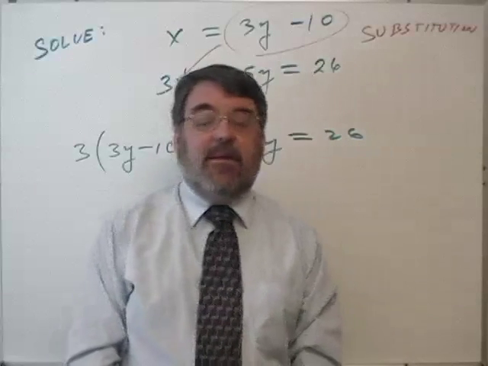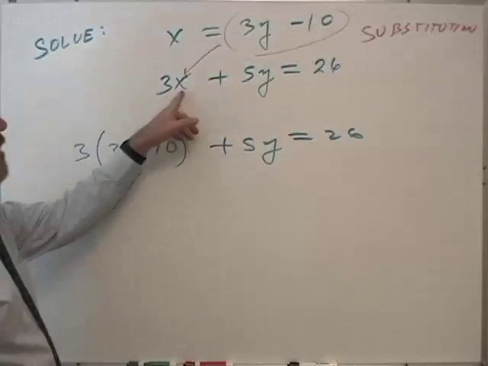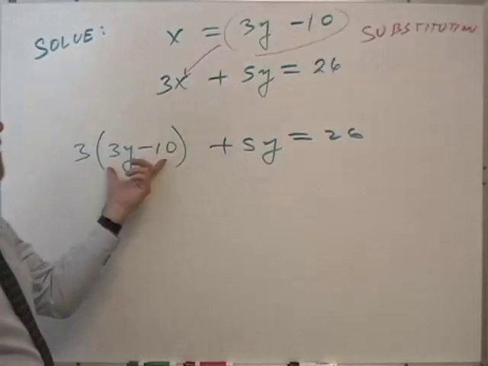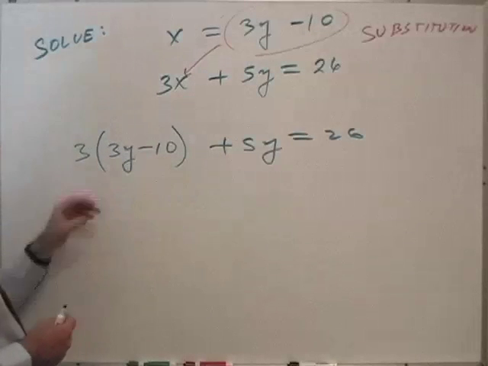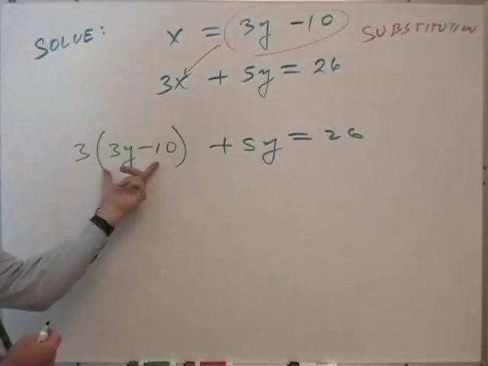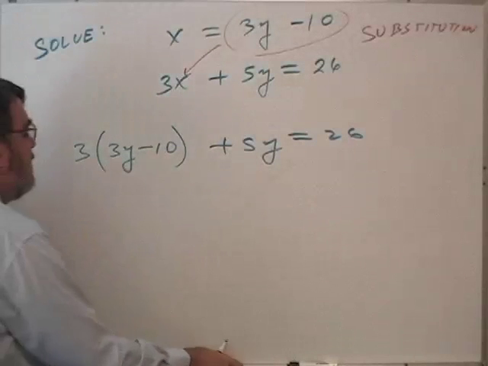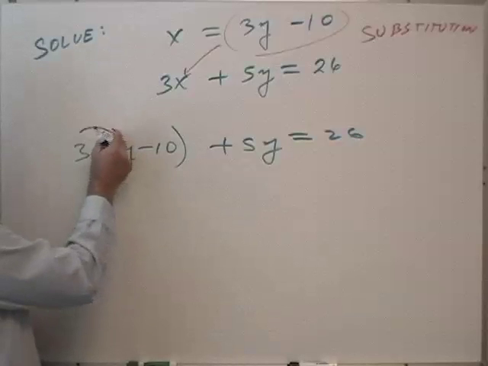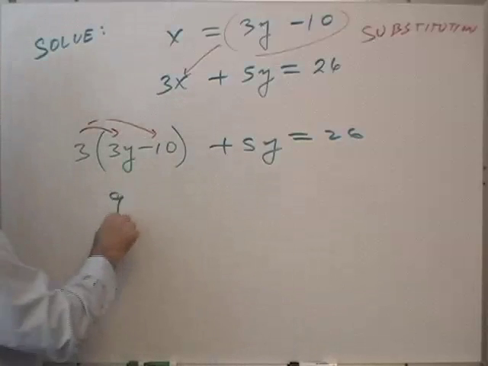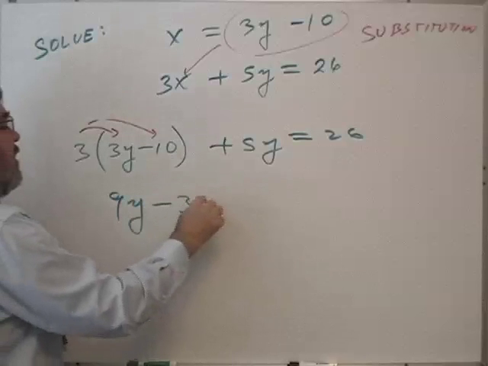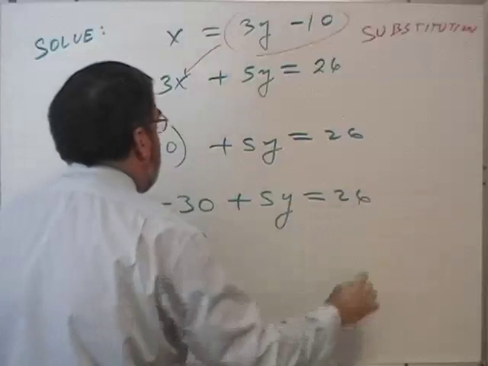And so don't be lazy about that stuff or careless. So replacing x with 3y minus 10, written in parentheses, because this 3 multiplies that entire quantity. I'm going to now distribute the 3 through here, and it gives us 9y minus 30 plus 5y equals 26.